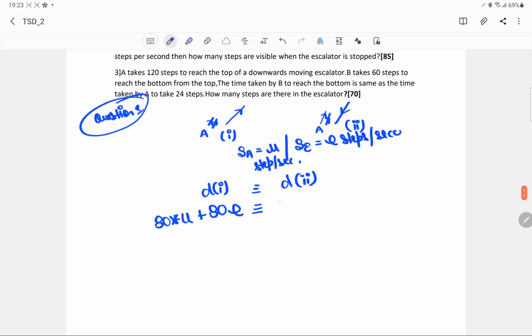In a similar way, for 120 seconds, Adam is moving, so he'll take this many steps, but the escalator is now moving against him. Both of them have to be equal.